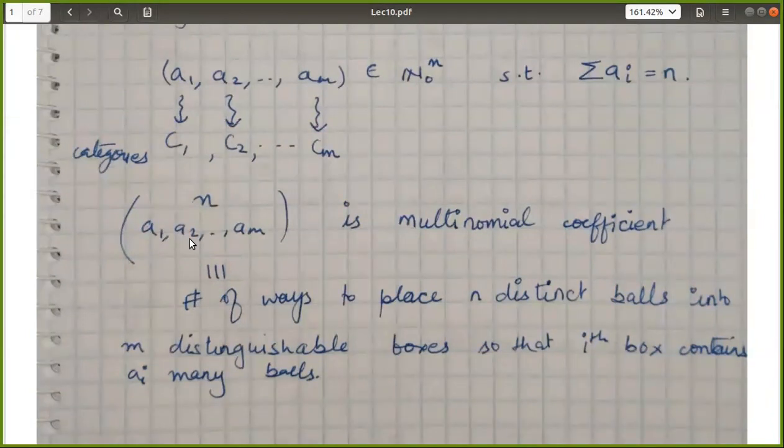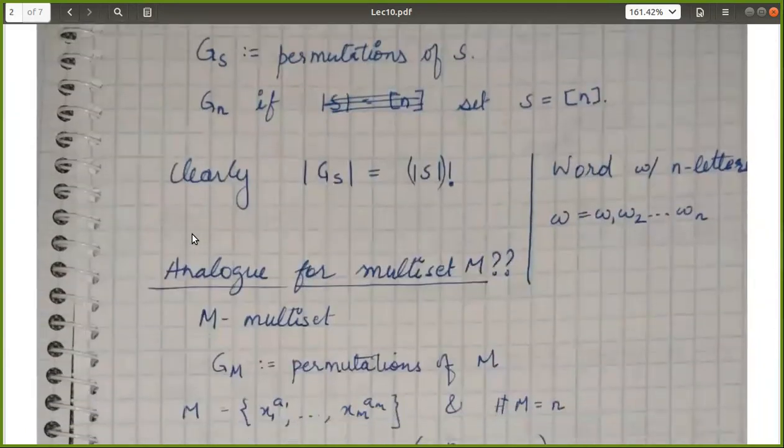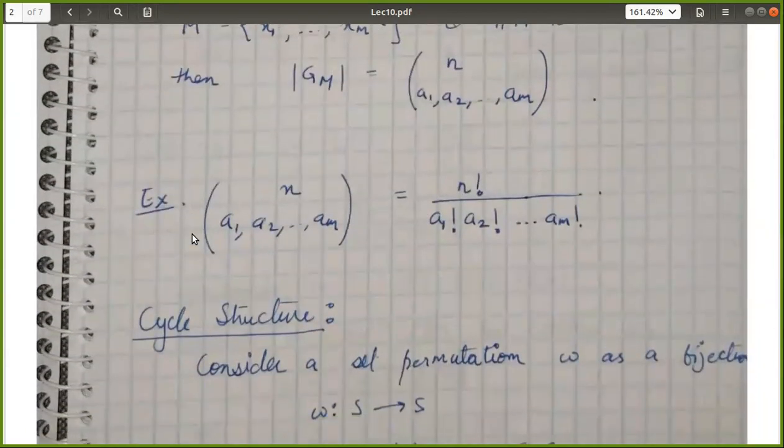So that was the binomial coefficient. Then we dealt with the multinomial coefficient, which was n factorial divided by a1 factorial, a2 factorial, and so on until am factorial.